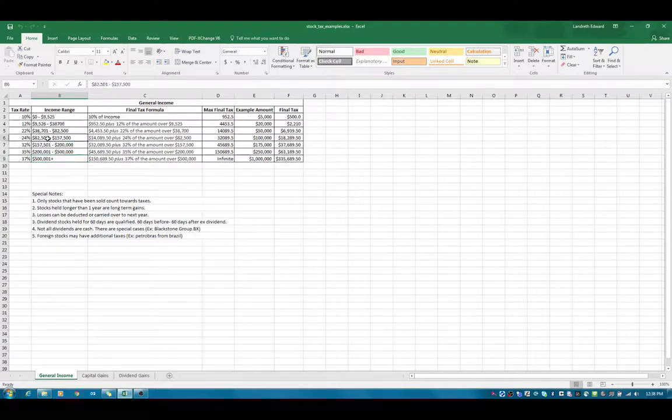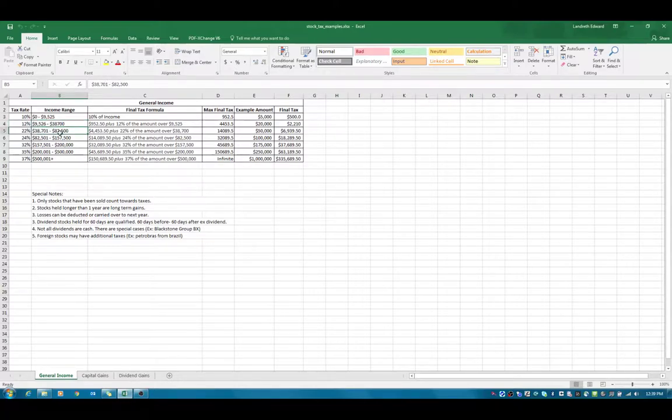Now, one thing about this is that this is a marginal tax system. So if you make $85,000, I'm saying that to get us in this range, not all of that is taxed at 24%. What happens is you'll be taxed the first $9,525 at 10%. Then this range of 9,526 to 38,700 at 12%.